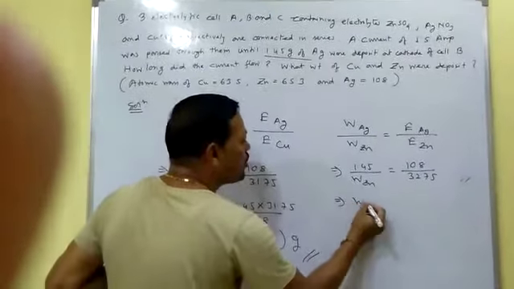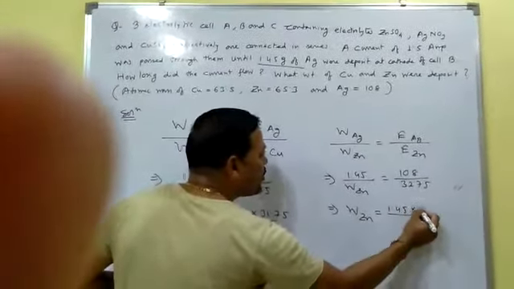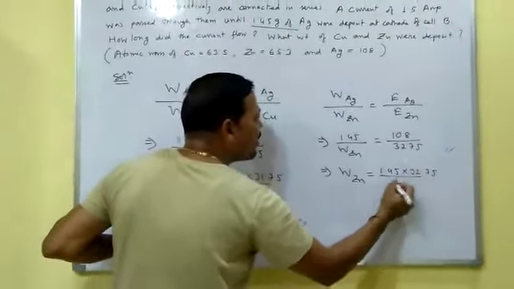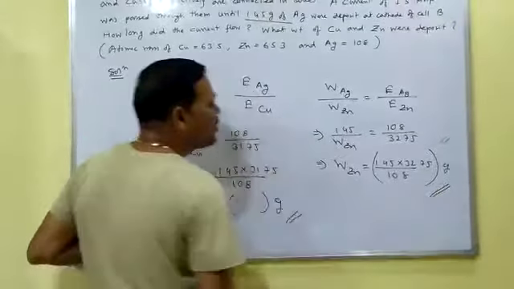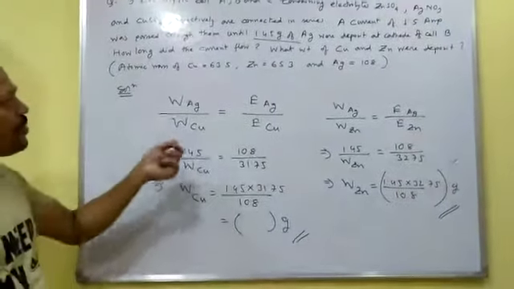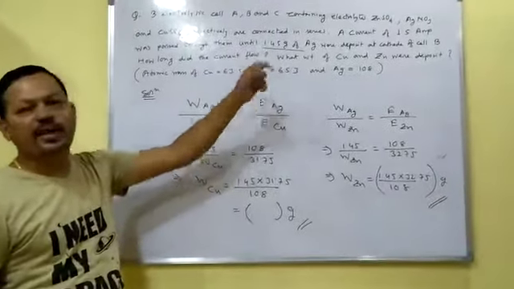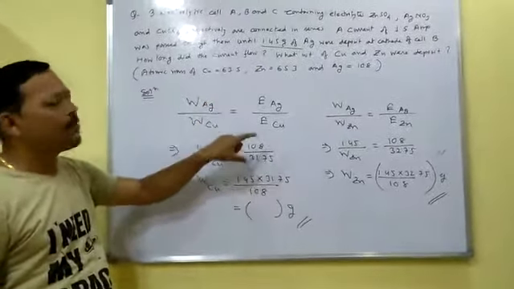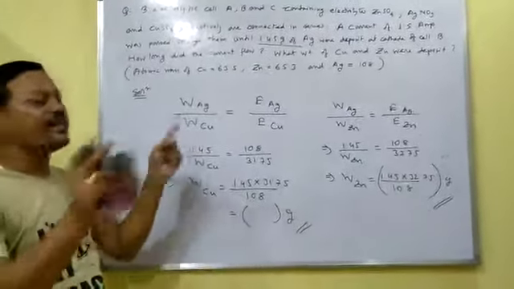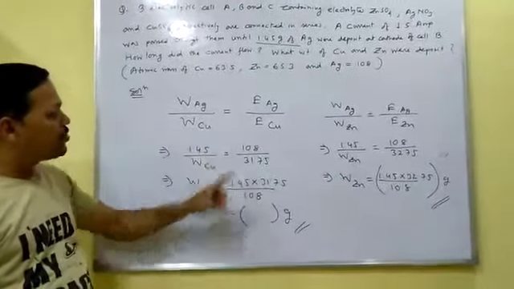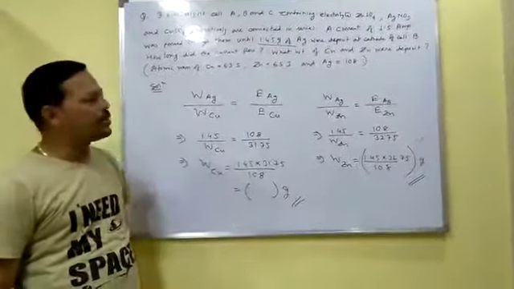So the weight of zinc will be 1.45 into 32.75 divided by 108. This much gram of zinc you will get. So this way, if the mass of one substance is given, you can find out the mass of other substances also by applying Faraday's second law if they are connected in series. So this way you can find out the weight of copper and zinc deposited. Thank you.